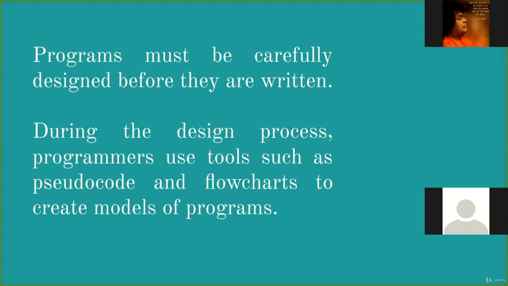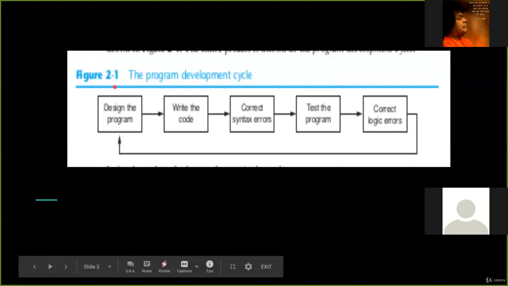Okay, so let us move on to the development lifecycle of a program. So in order to develop a program, you need to first design a program. That is, you need to structure your program, or you need to know what comes first, what comes next. Then you will be writing the code, and then you will be correcting your syntax errors, and then you will be testing the program. Then you will be correcting logical errors.